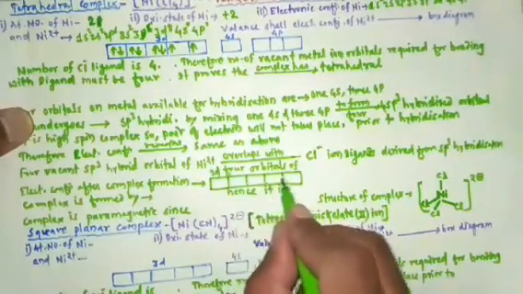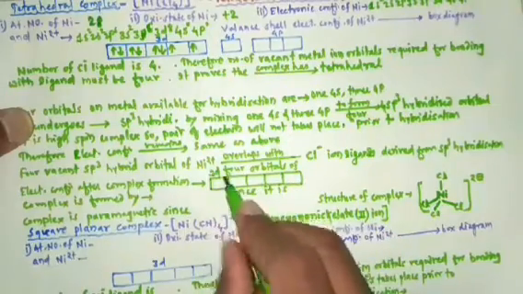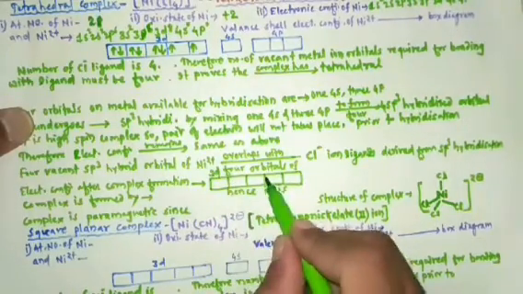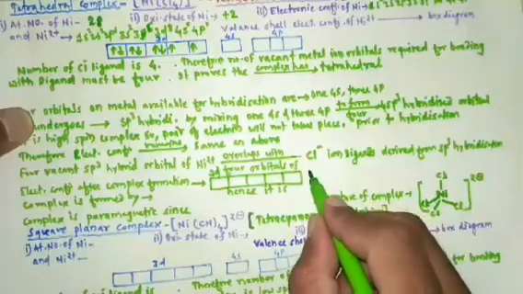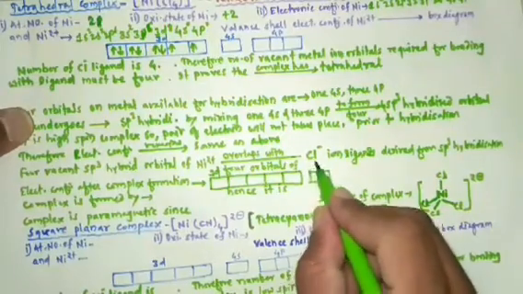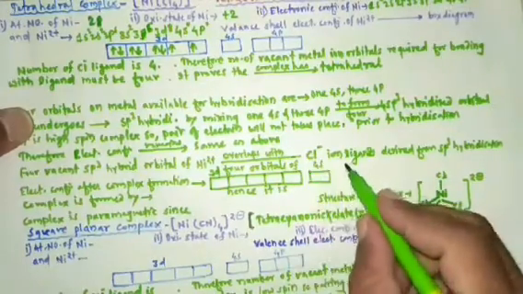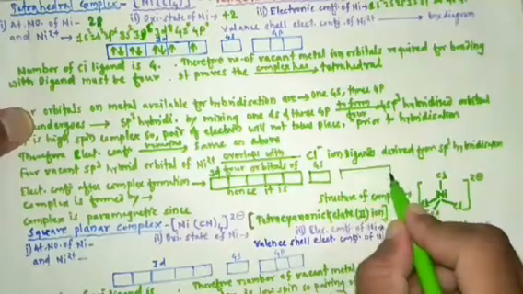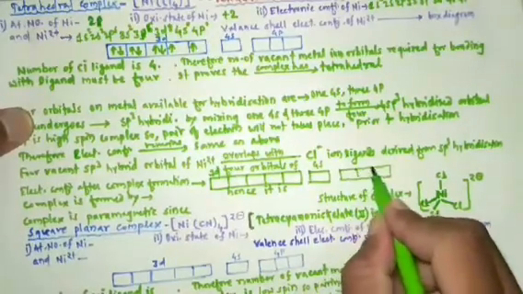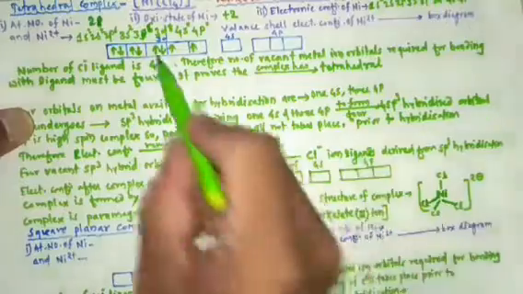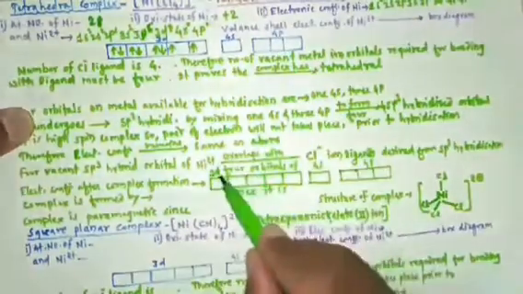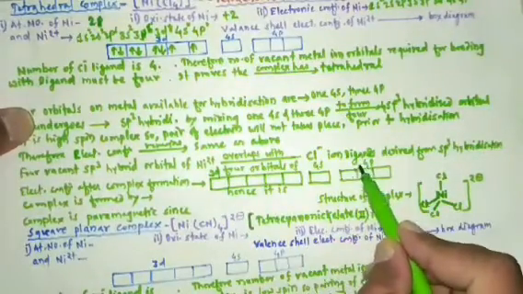Next is the 4s orbital, and next the 4p orbitals. 3d, 4s and 4p.